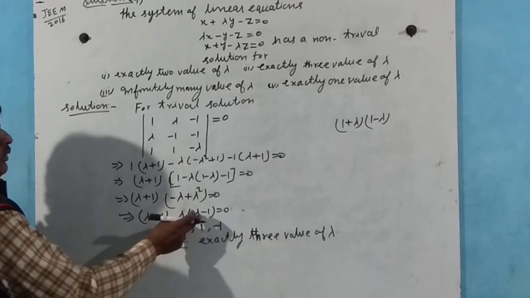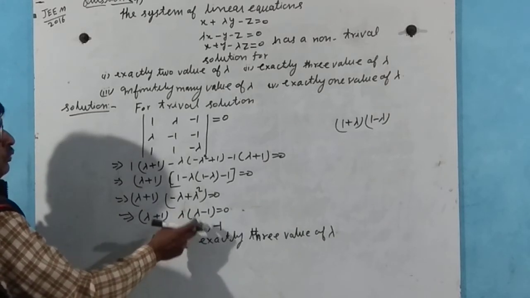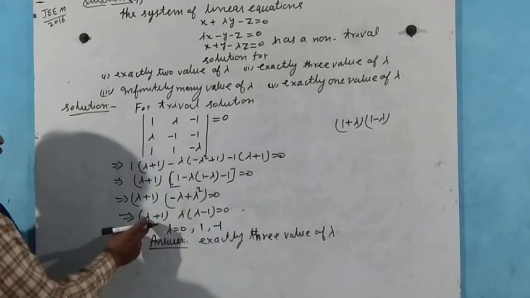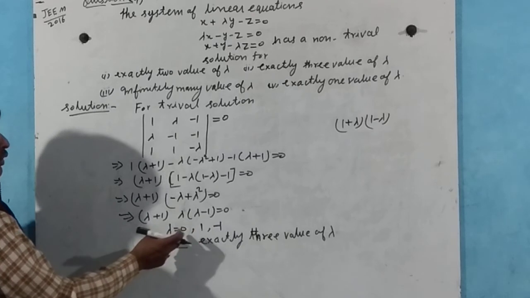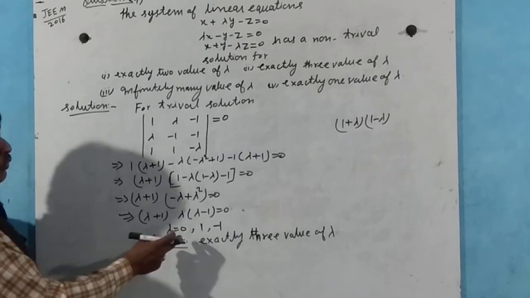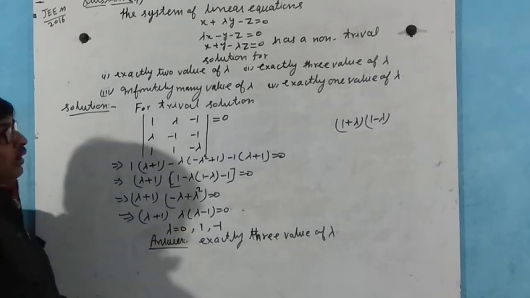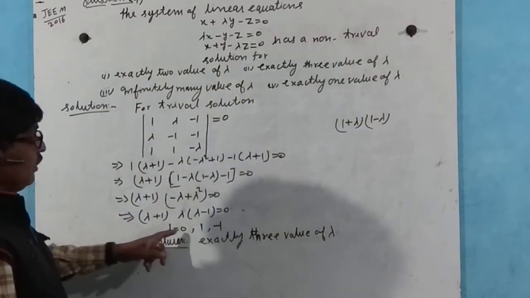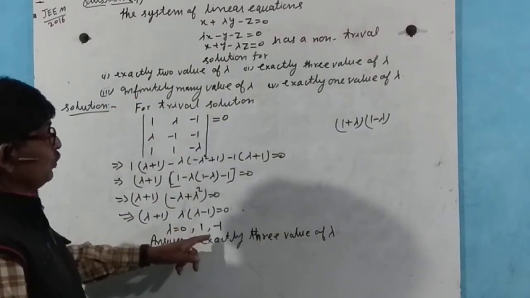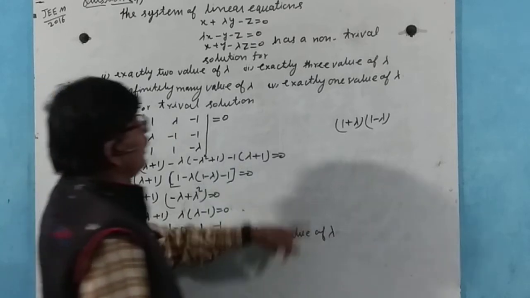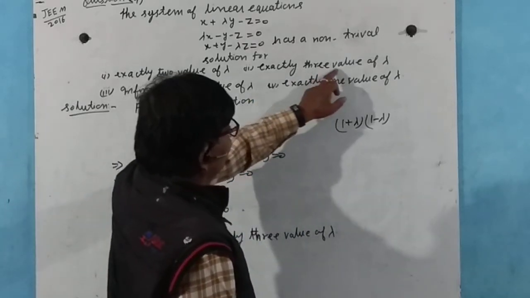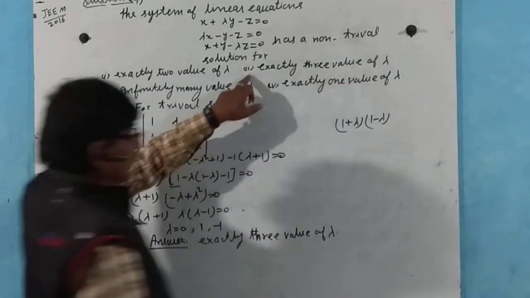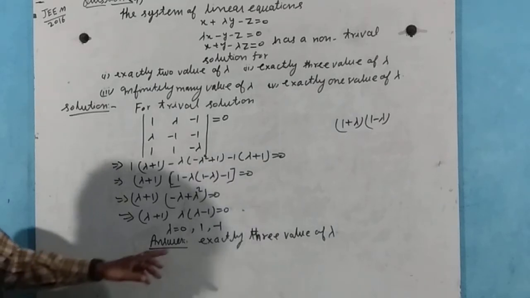If lambda minus 1 equal to 0, then lambda equal to 1, and lambda equal to minus 1. The values of lambda are 1, 2, 3, so there are exactly 3 values of lambda, and the second option is correct here.